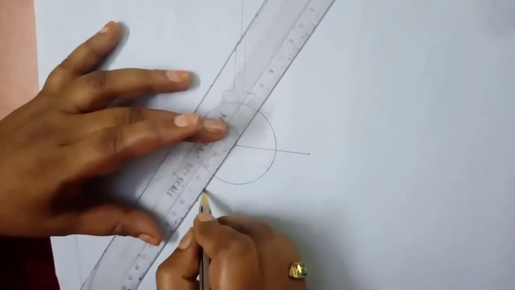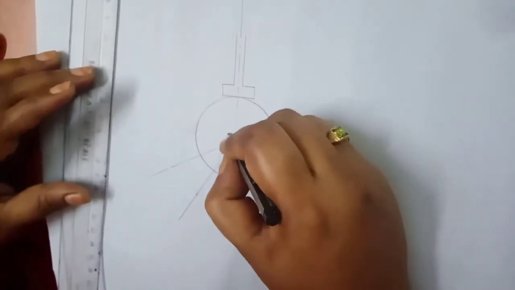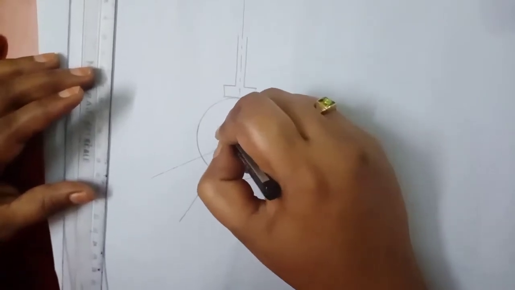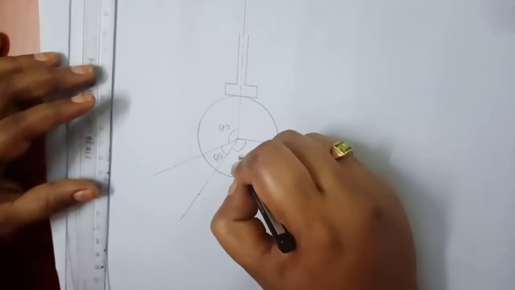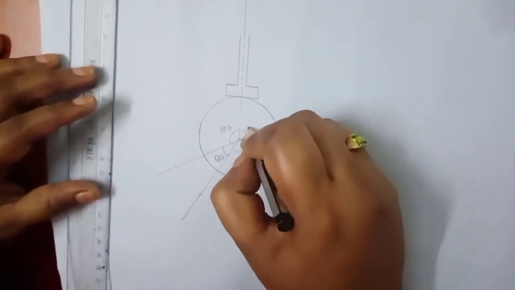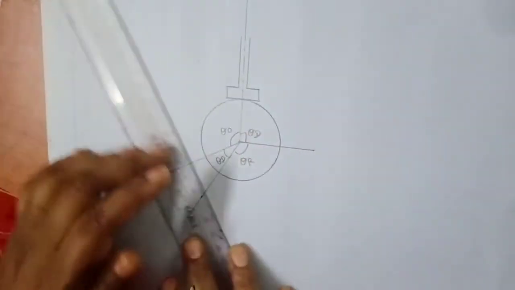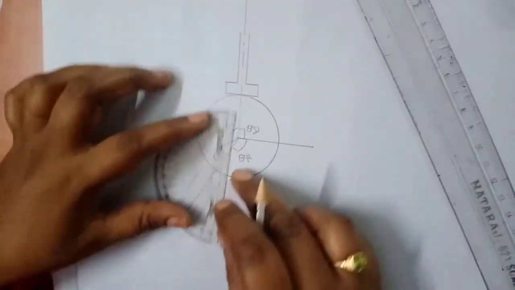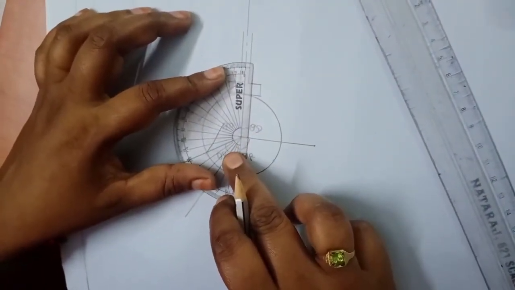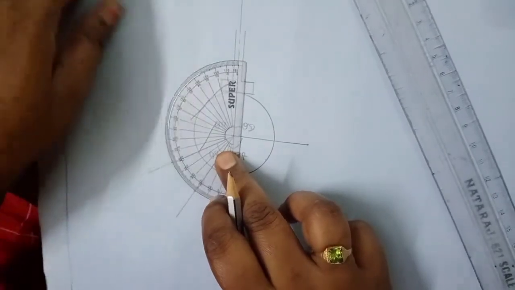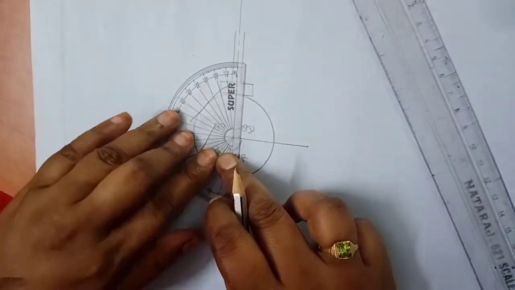So divide the strokes: theta O, theta D, theta R, and the remaining theta D. Now divide these parts into an even number, that means 6 parts, because in the displacement diagram you made it into 6 equal parts.